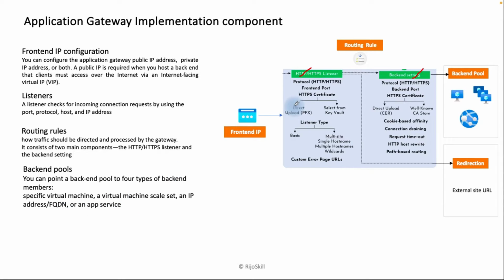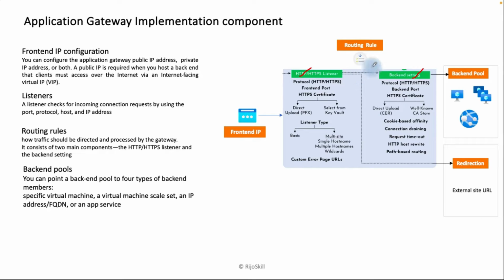So here you can see once you hit the traffic, the HTTP listener or HTTPS listener will check your traffic. You can use a direct or selective keyword, because this one uses the certificate and listener. Once the listener gets the incoming traffic, what happens then?